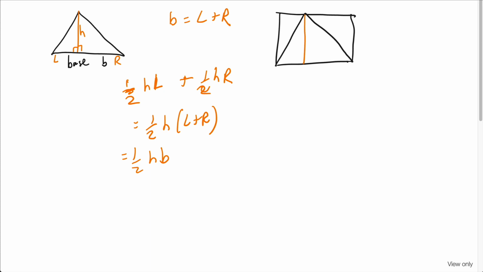If I draw on this line, I create two rectangles, a left rectangle and a right rectangle. And the one we care about on the left is half that rectangle. And on the right side, the one we care about there is half that rectangle, and there we go.